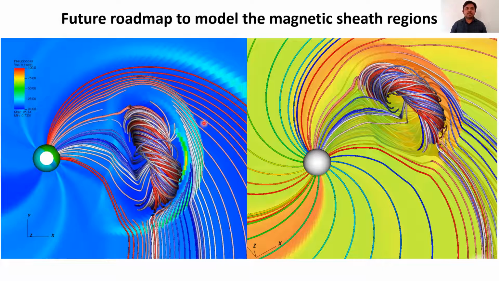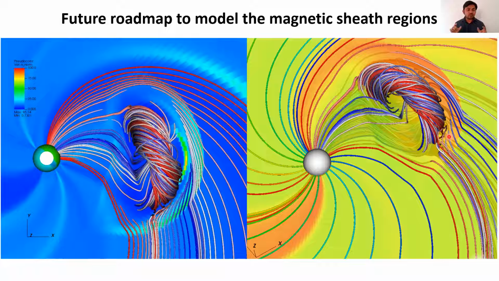And you see there is a wrapping of magnetic field lines, the magnetic field wrapping, which is one of the main reasons for the formation of the magnetic sheaths.